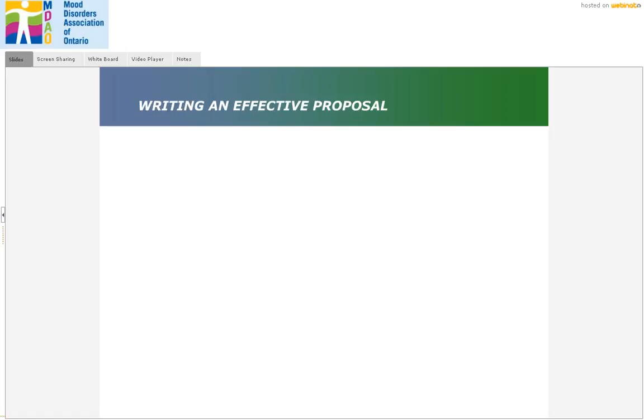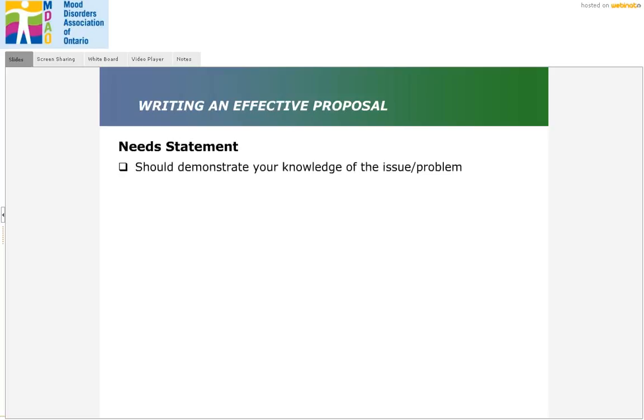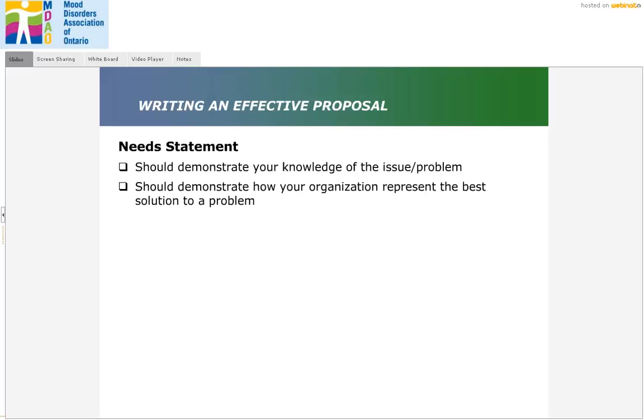Another important aspect that should be focused on with regard to the proposal is the needs statement or statements. It should demonstrate your organization's knowledge of the issue and problem that you're addressing. It should also demonstrate how your organization's idea or project represents the best solution to the problem that you're addressing.